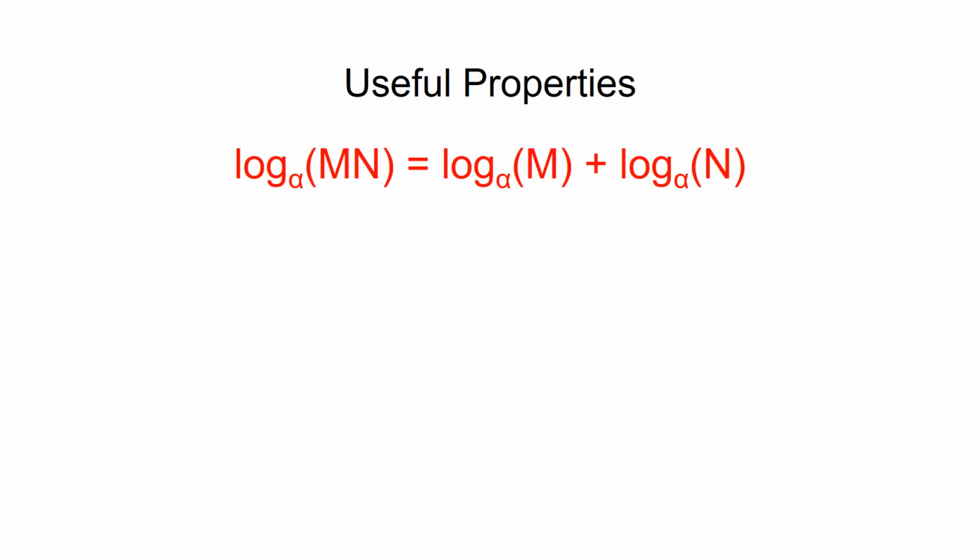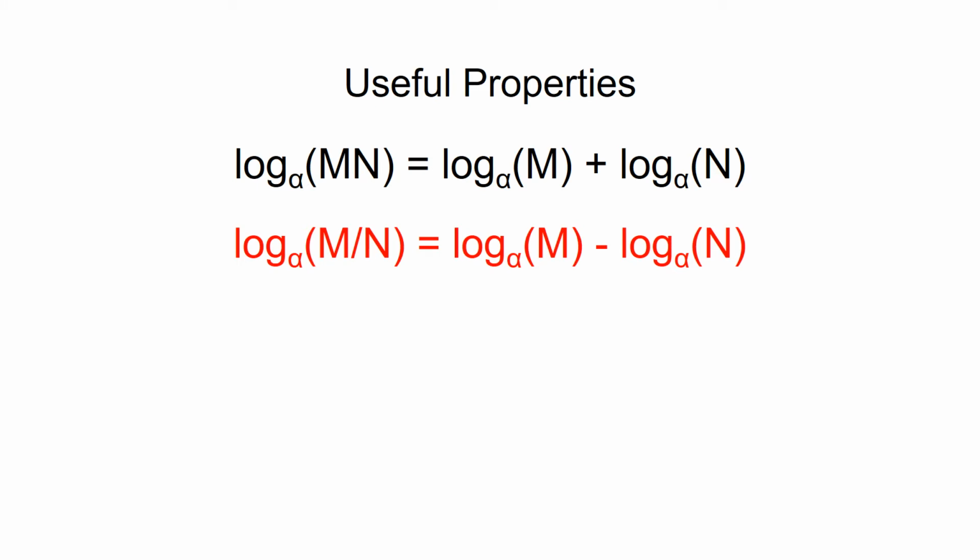Now let's look at some other properties of logarithmic functions. If we have the log of a product, we can express that as the sum of logs of the individual factors. So here we have log base a of the product m times n. That equals log base a of m plus log base a of n.